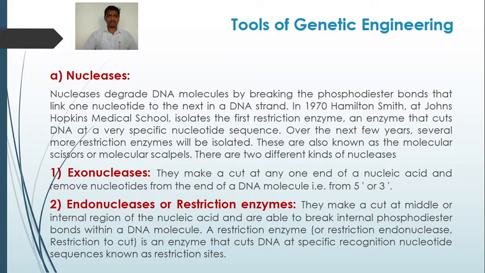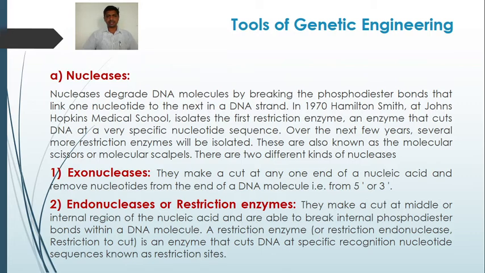The second type is the endonucleases, more precisely called restriction endonucleases. They make a cut at the middle or internal region of the nucleic acid and are able to break internal phosphodiester bonds within a DNA molecule.